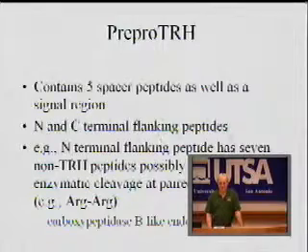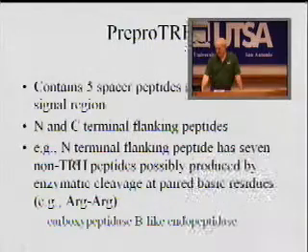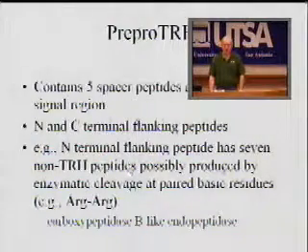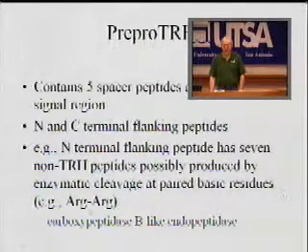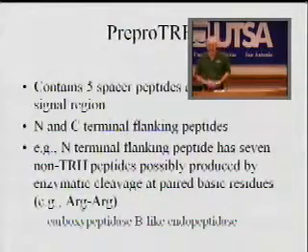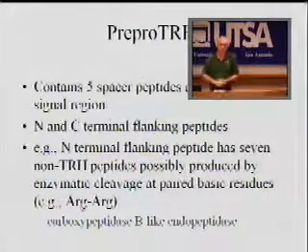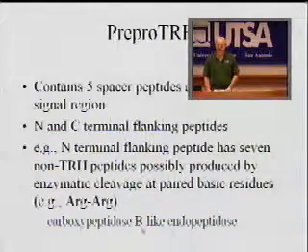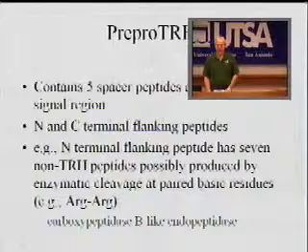There are N and C terminal flanking peptides. The N-terminal flanking peptide has 7 non-TRH peptides, possibly produced by enzymatic cleavage at paired basic residues. So arginine, paired basic residues are prime targets for enzymatic cleavage, such as by the carboxypeptidase B-like endopeptidase.